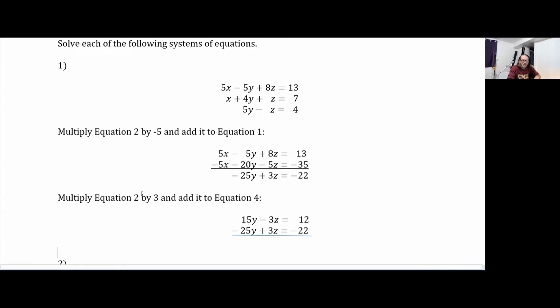And now I'm going to add it to that new equation, equation 4. Not only do I add up these z's to cancel them out, but I also add up along the y column and along the constant column. I get -10y equals 10, divide both sides by -10, and y equals positive 1.